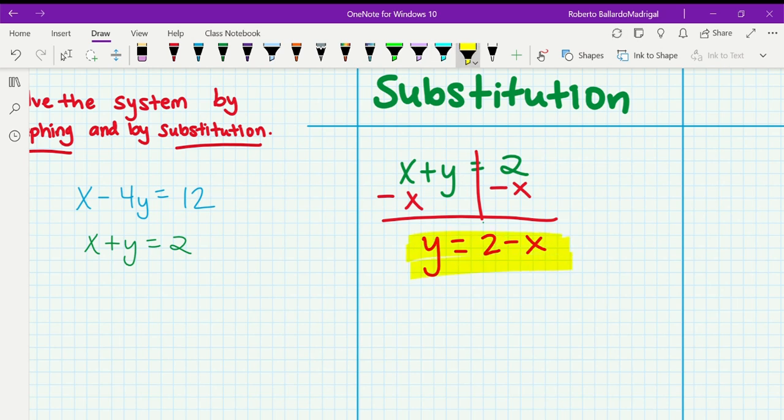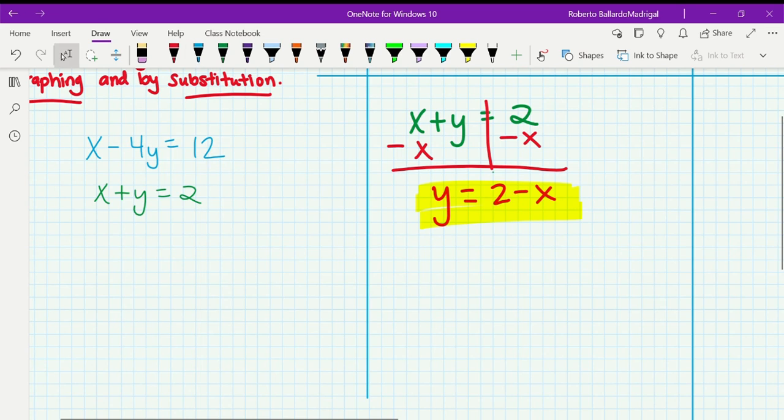All right, substitution requires you to substitute. It's in the name. You're going to substitute whatever y is equal to with 2 minus x. So we're going to go to the first equation now, which is x minus 4y, but instead of y, I'm going to write 2 minus x.